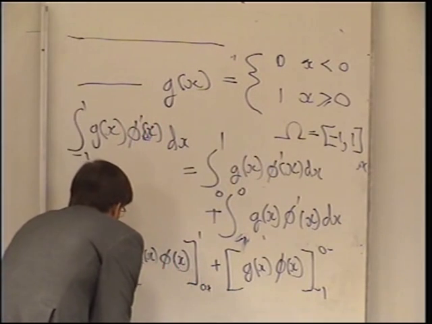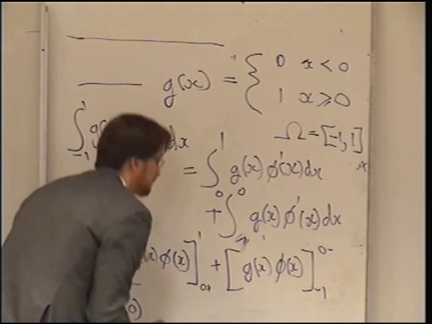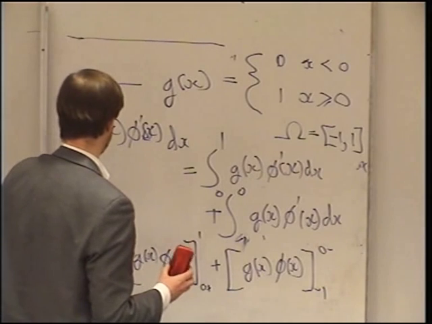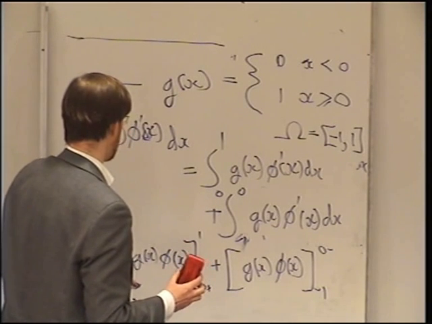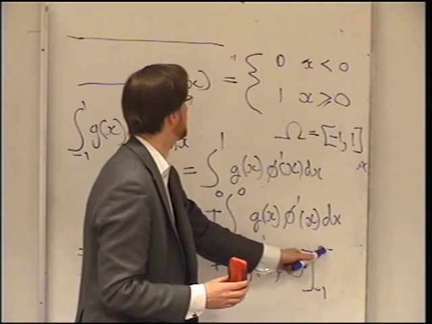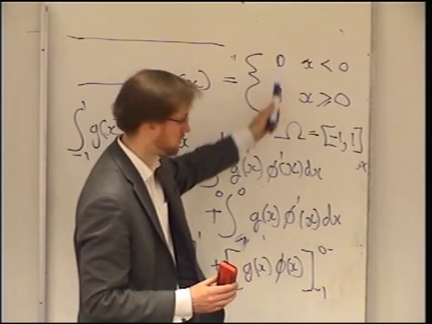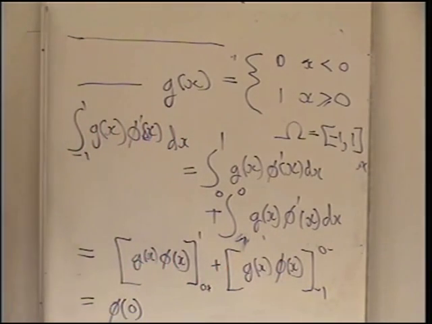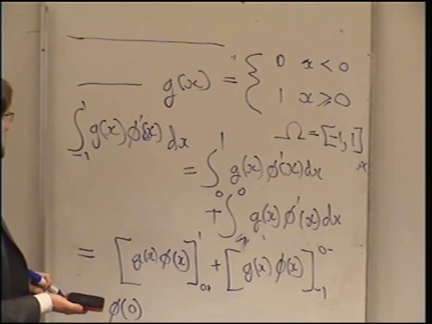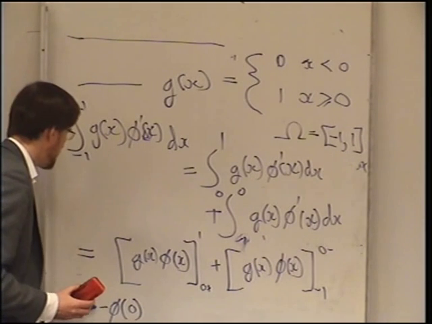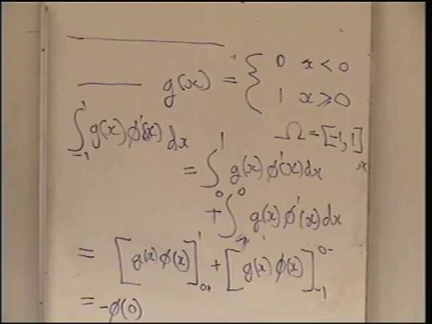So that's phi evaluated at 0. And the other side, this is g of x, phi of x at 0 from the negative side, and g from the negative side is 0. So plus 0. So the answer is phi evaluated at 0. It is at the bottom, that's right. And it needs to be as well because you need to have a minus sign out the front of your operator to get there.